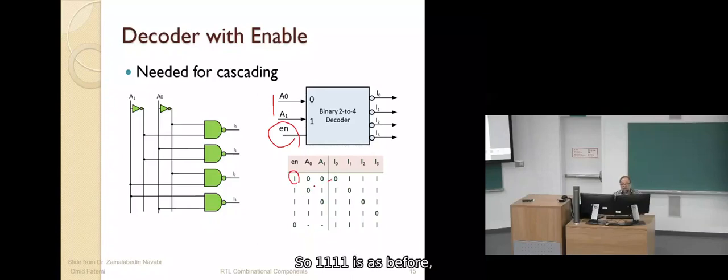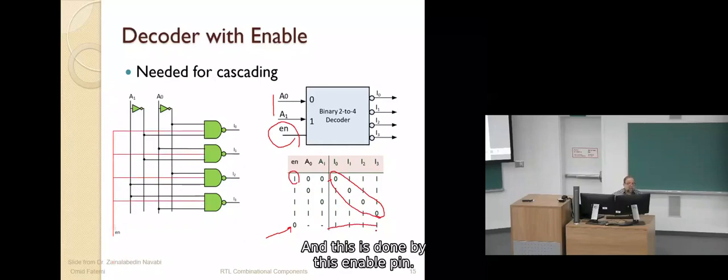So 1, 1, 1, 1 is as before, 0, 0, 0, 1, 1, 0, 1, 1, and you see that these are the active low outputs. But when enable is 0, we would like the circuit not working. So the output is 1. And this is done by this enable pin.